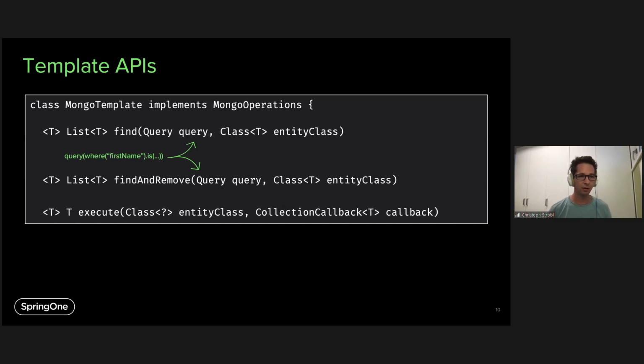So let's have a little look at the template APIs. I chose the Mongo template since we were talking about MongoDB as our NoSQL store of choice in this presentation. And the template is kept pretty close to what the actual driver can do. But remember, it still takes care of all the resource management.